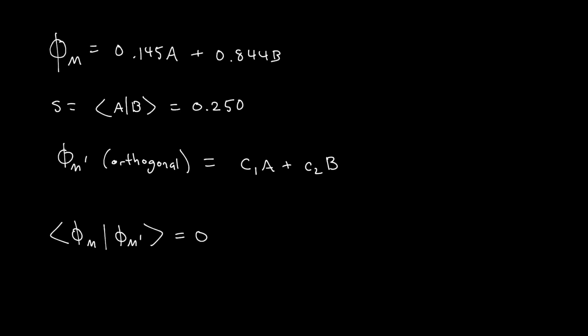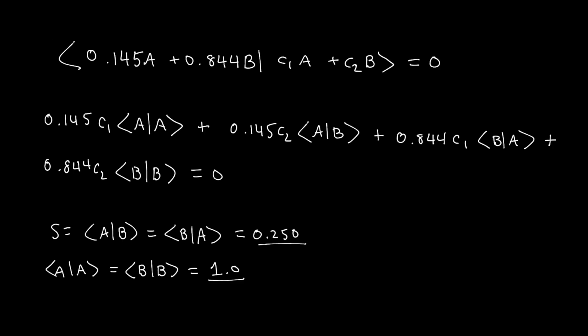Now the thing about orthogonal molecular orbitals is that their overlap has to be equal to 0. So I've written that in Dirac notation: <phi m|phi m prime> equals 0. So first we have to find the constants C1 and C2.